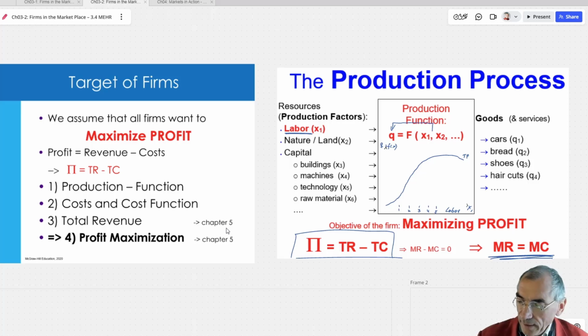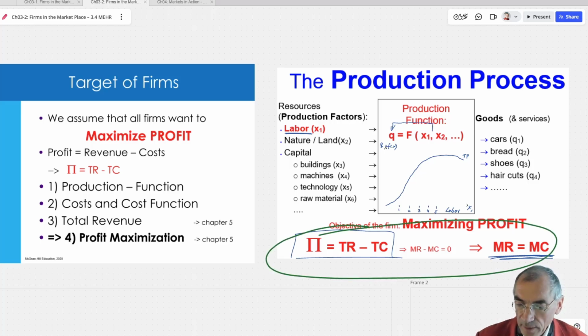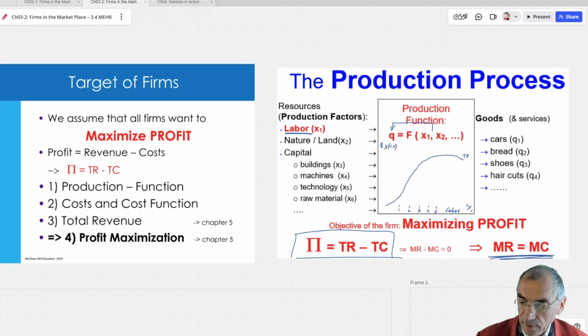So let us have a look here to this step which is described at that point and follow up at that point.